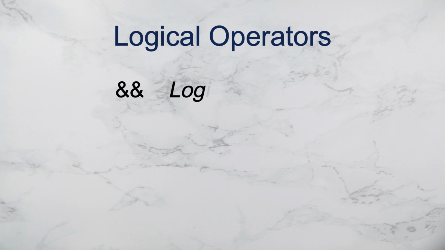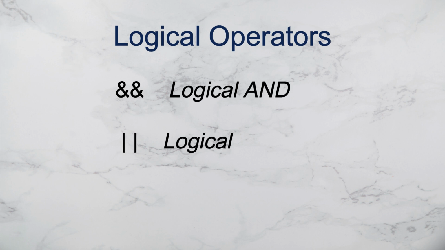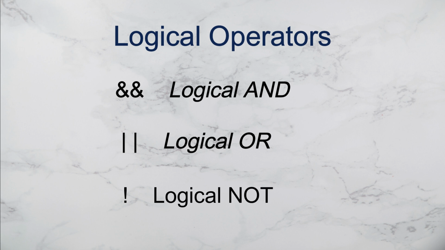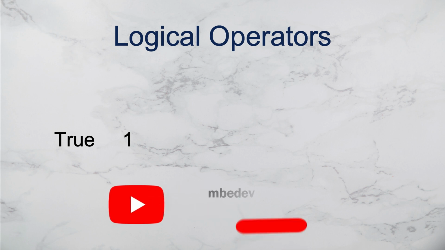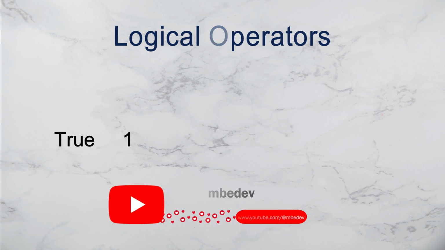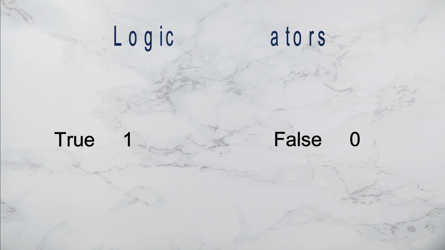The logical AND operator. 2. The logical OR operator. And finally, the logical NOT operator. Just like relational operators, if the logical operation is true, the result is a Boolean value 1. Else, if it is false, the result is 0.